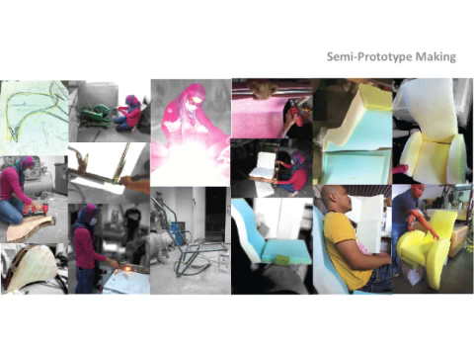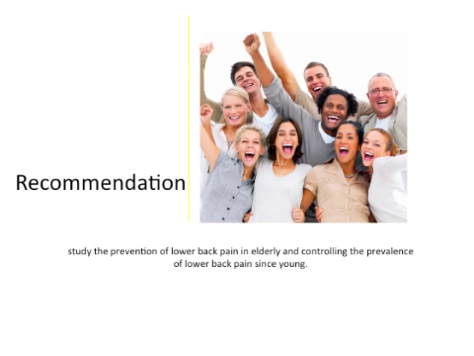My recommendation is to study the prevention of lower back pain in the elderly and control the prevalence of lower back pain since young. Or, if we can't reverse time, we need to design the right chair for youngsters or kids to be able to sit in the right posture.